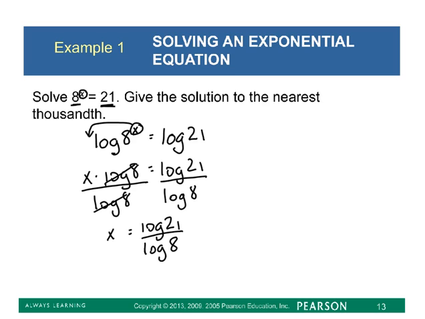Now if I asked you to leave it in exact form, this is that form right there. Don't change anything. But we're asked to give the solutions to the nearest thousandth. So that's 3 decimal places. And what my calculator tells me is 1.464. And we are done.